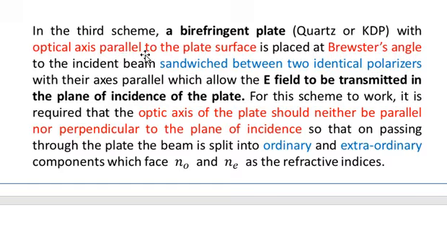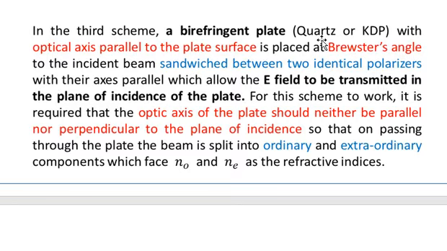So the optical axis is parallel to the plate surface and is placed at Brewster's angle to the incident beam, sandwiched between two identical polarizers with their axes parallel, which allow the electric field to be transmitted in the plane of incidence of the plate.